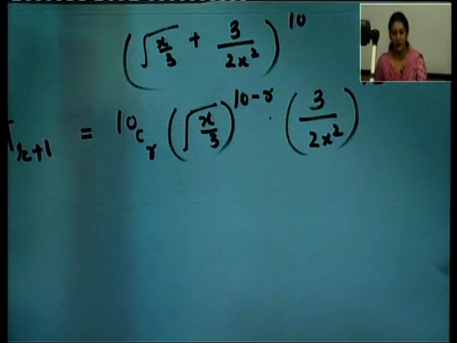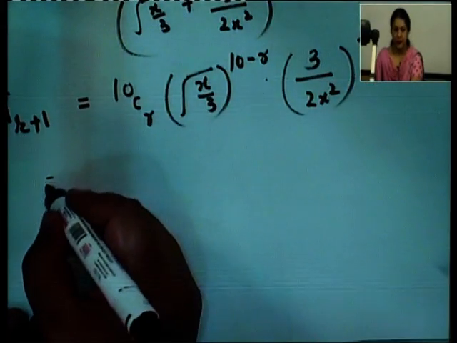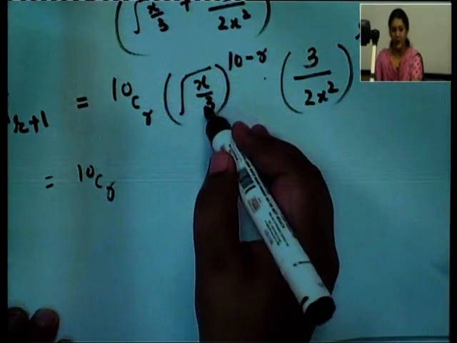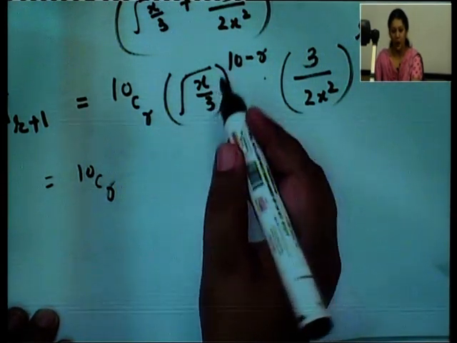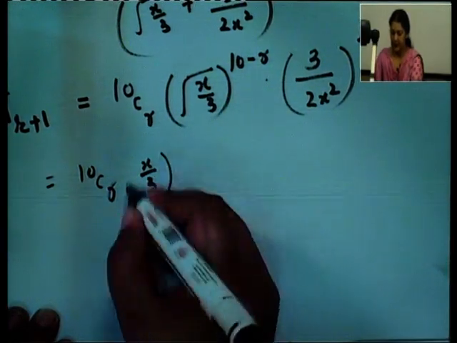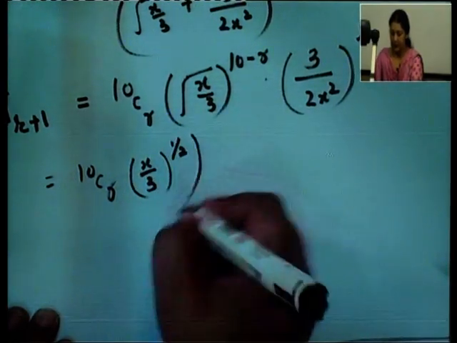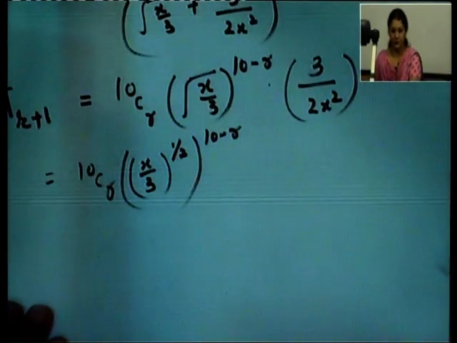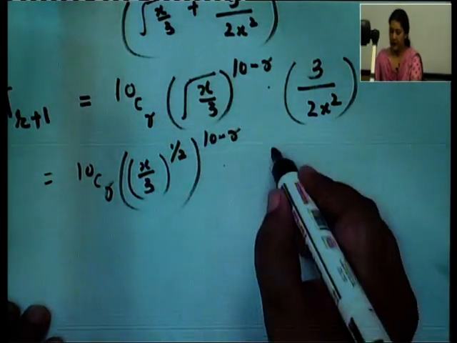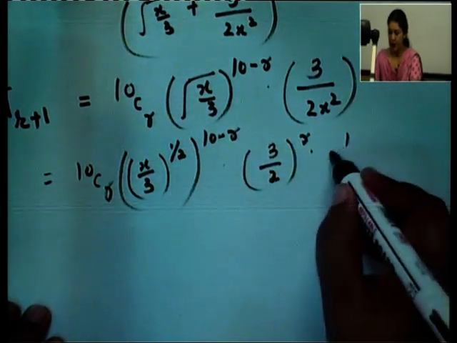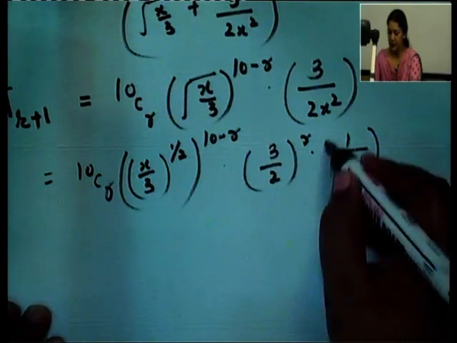So what we do, we will find the power of x. This is equal to 10Cr. Now √(x/3) means x/3 whole raised to power 1/2, so this is (x/3)^(1/2) and whole raised to power 10−r, right? And this is (3/2)^r into (1/x²)^r.